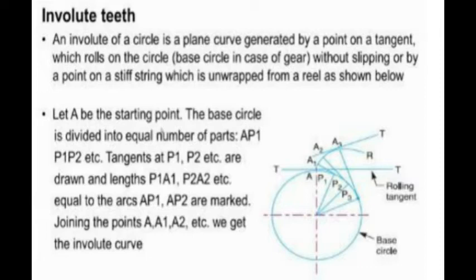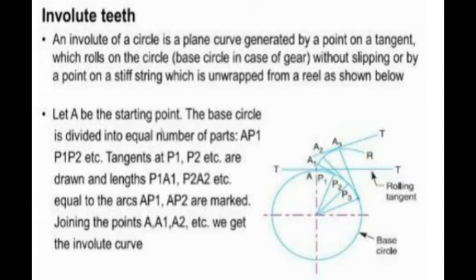So let A be the starting point. We have the starting point A here, and the base circle is divided into equal number of parts AP1, P1P2, and P2P3, like this. Then the tangents at P1, P2, etc. are drawn.